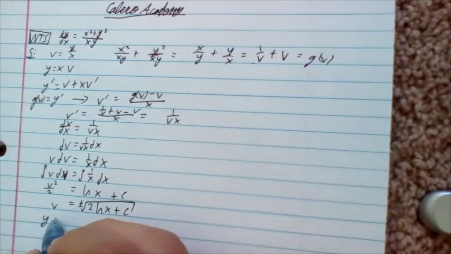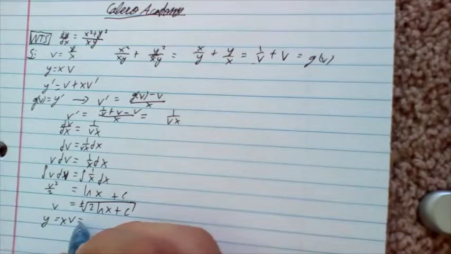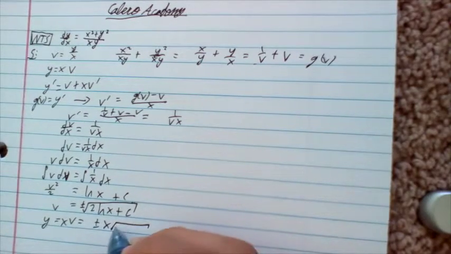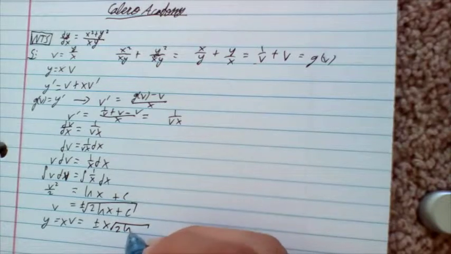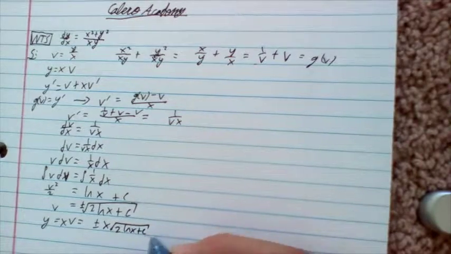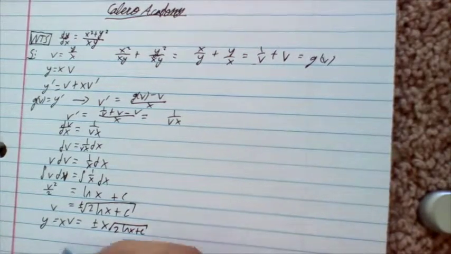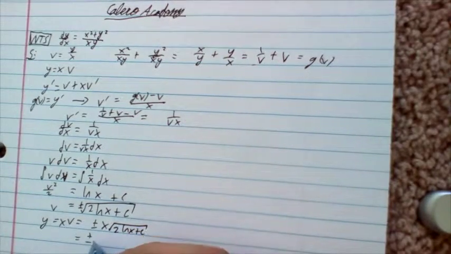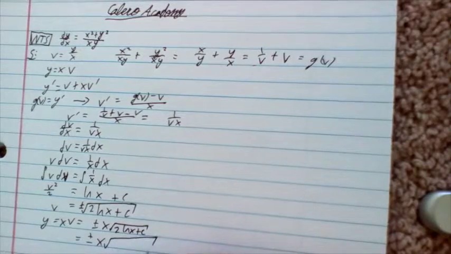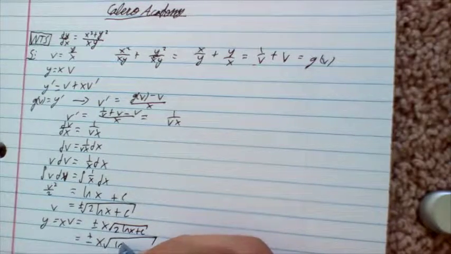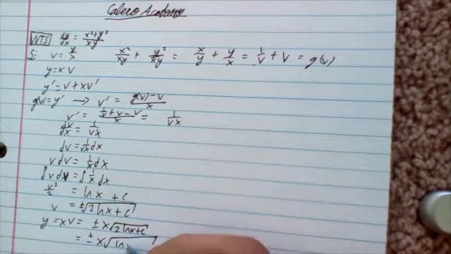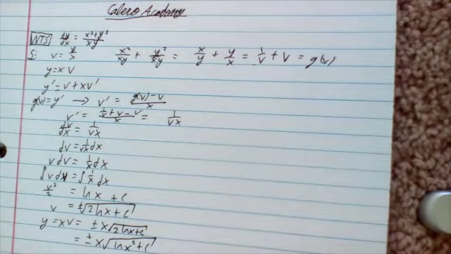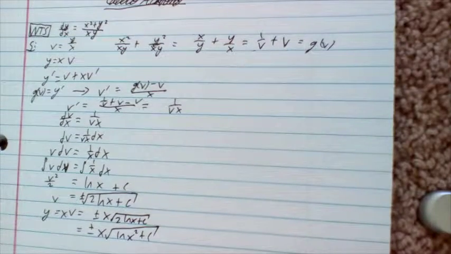So, therefore, y is equal to plus or minus x times the root of 2 times logarithm of x plus c. Now this is about done, but for niceties, we can write a neater formula. Plus or minus x times the root of the logarithm of x squared plus c, from logarithm arithmetic.